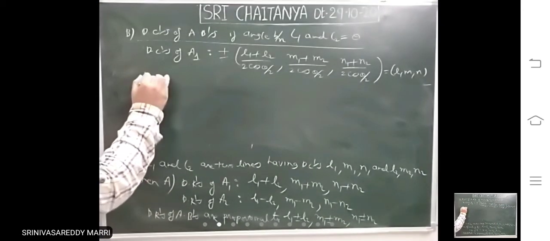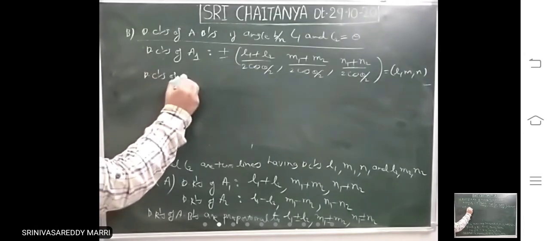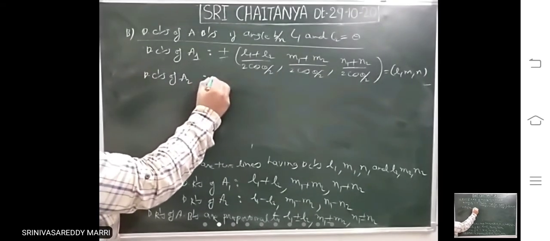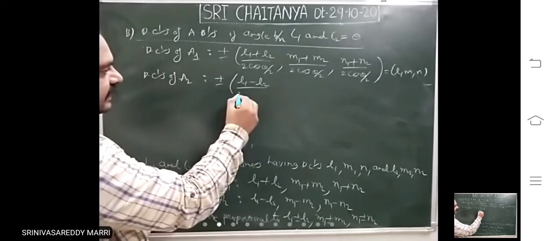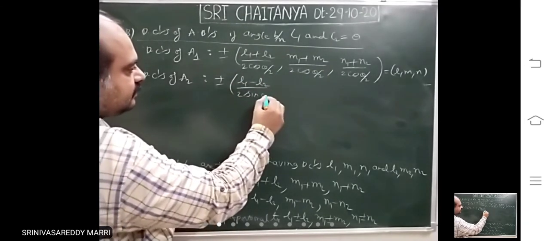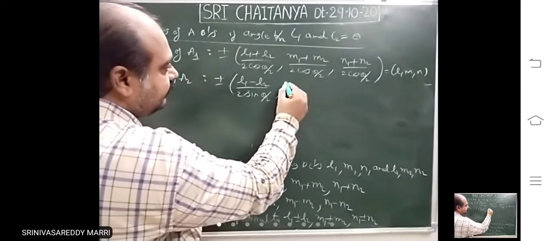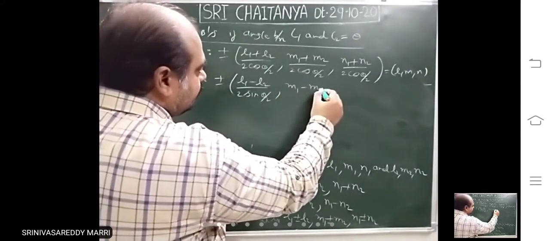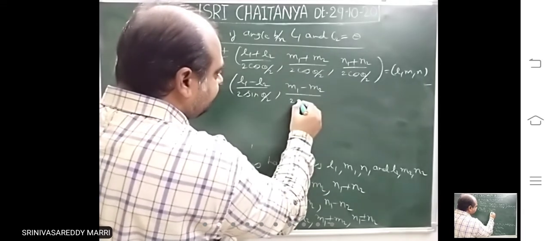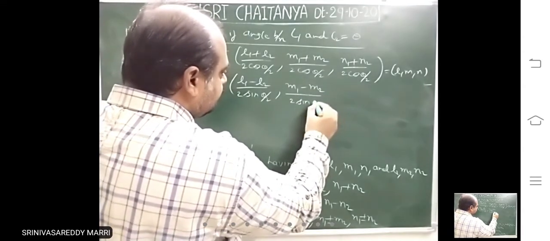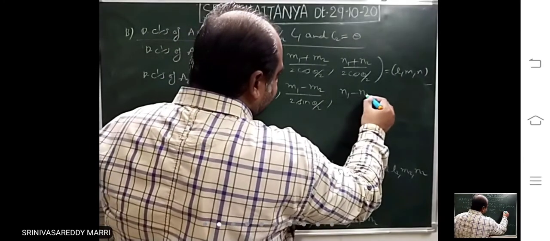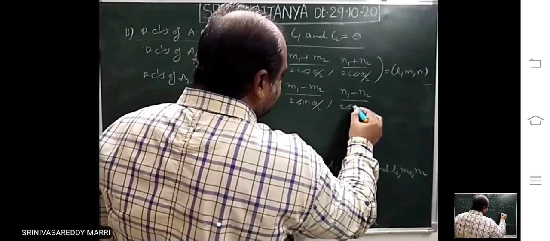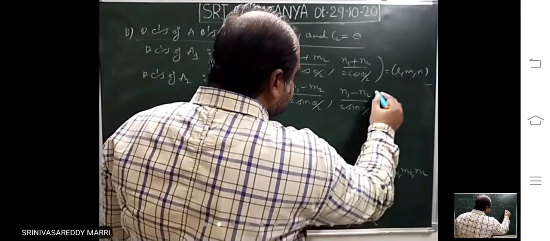Next, the other angular bisector. DCs of angular bisector 2 are plus or minus l1 minus l2 divided by 2 sin theta by 2, m1 minus m2 divided by 2 sin theta by 2, n1 minus n2 divided by 2 sin theta by 2.